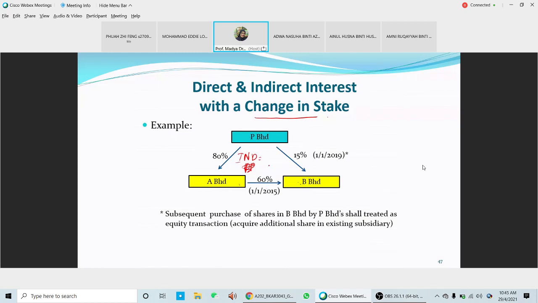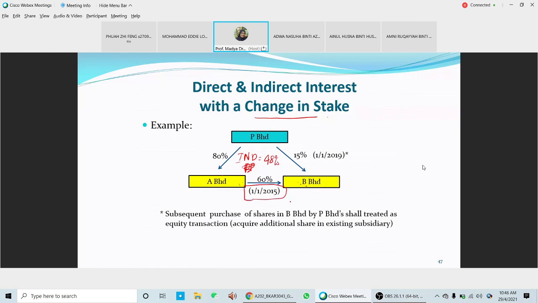So indirectly, P has control over B through A. So indirectly, they're going to have about 48%. This one is on 1st of January 2015.